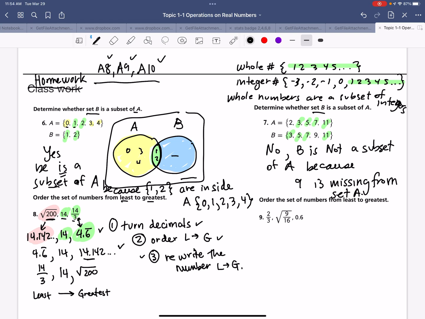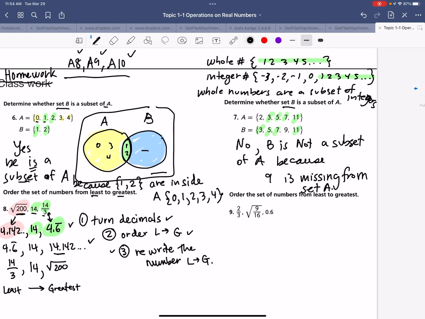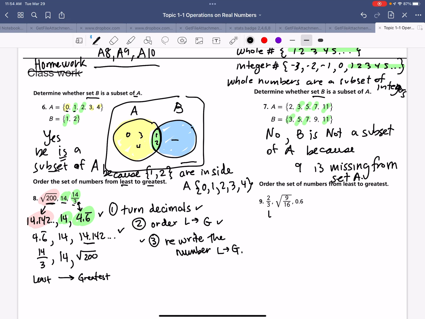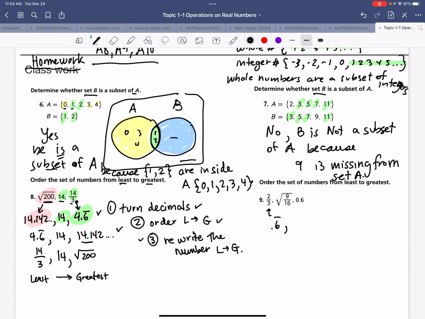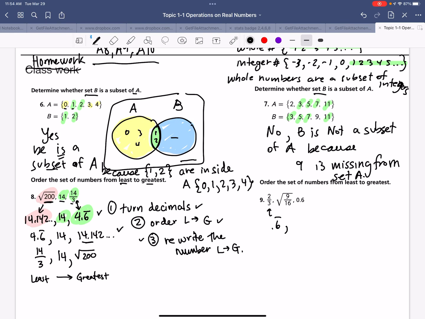Now we're going to look at question number 9, following the same steps. So 2 thirds in a calculator is 0.6 repeating. The square root of 9 over 16 is 3/4, so that's 0.75.